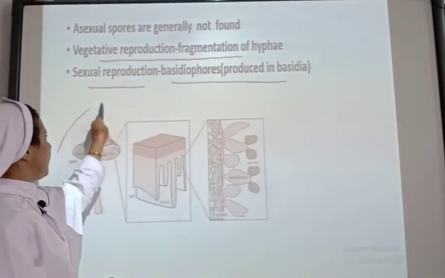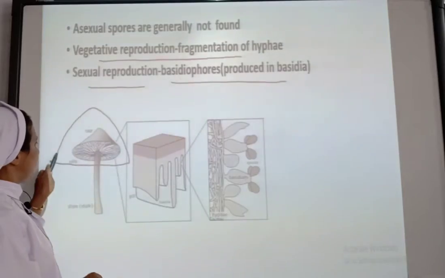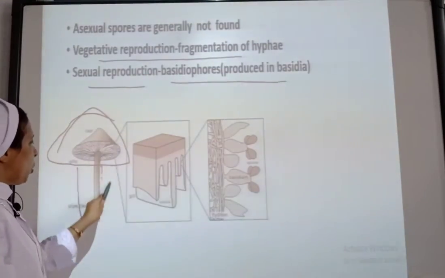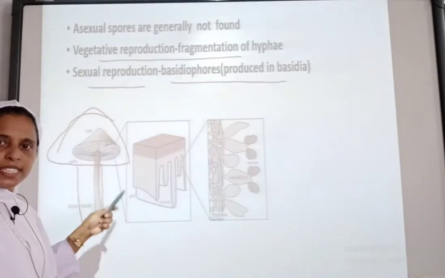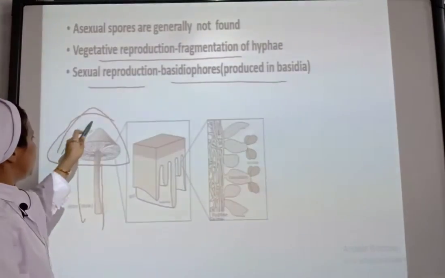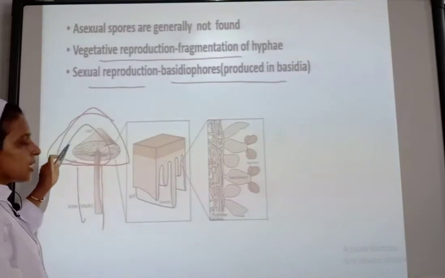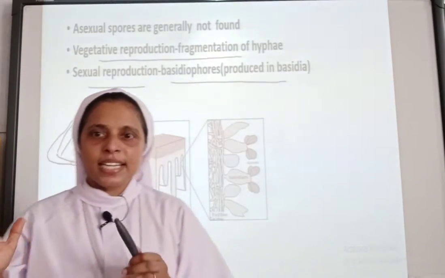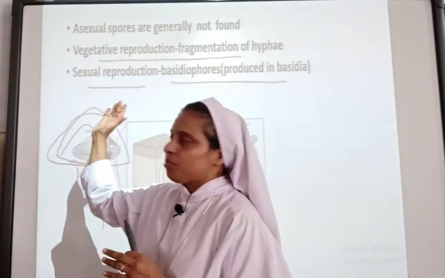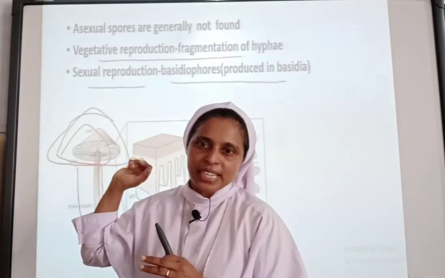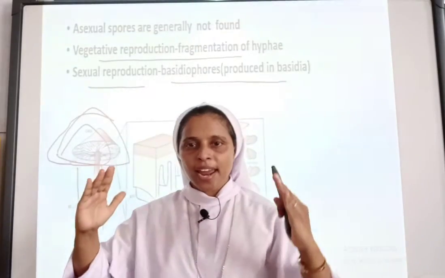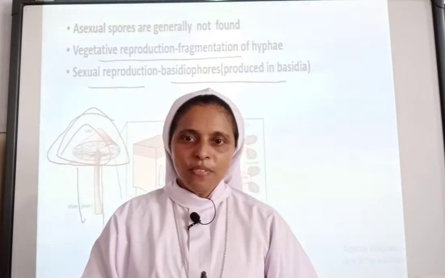You can see here that it is club shaped, narrow at the base and a little broader at the tip. Because of this club shape, the basidiomycetes are called club fungi. Now moving to the last group.